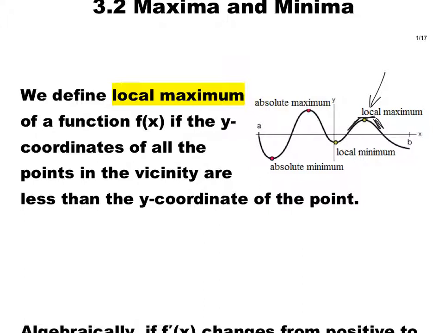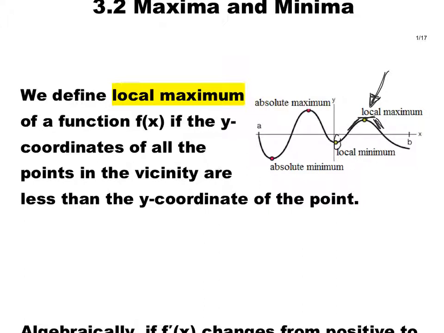So if we find the zeros of f prime, and check the sign of f prime to the left of that point and to the right, if to the left the sign of f prime is positive and to the right the sign is negative, then we know that this point is a local maximum.